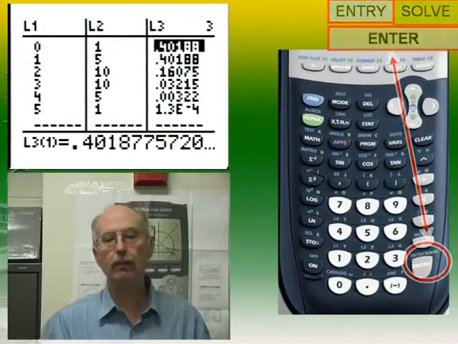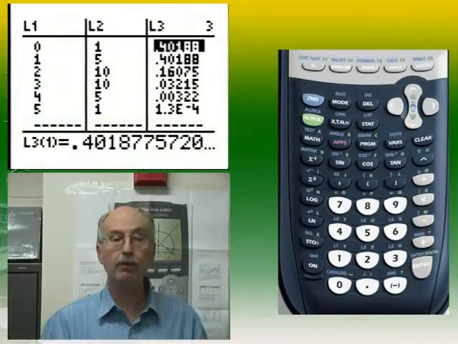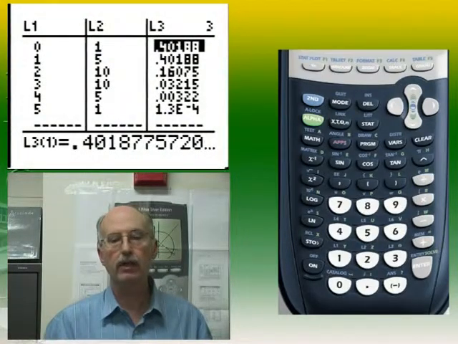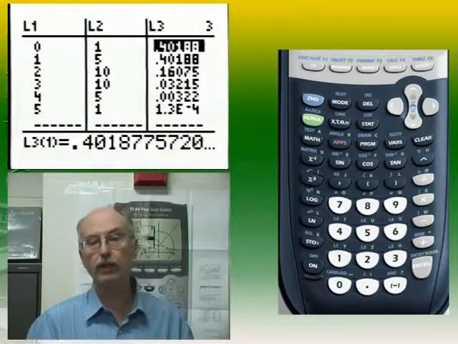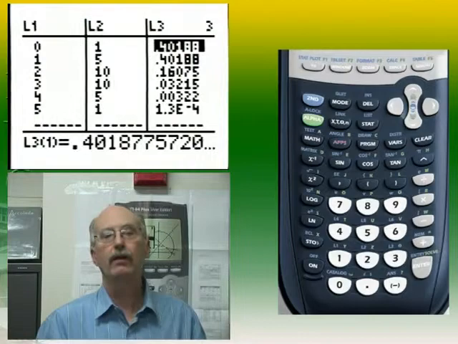We can see the probability comes out 40% for 0 6s, 40% for 1 6, 16% for 2 6s, 3% for 3 6s, 0.3% for 4 6s, and 0.0001% for 5 6s. Notice the happy accident that the probability of 0 6s and 1 6 are exactly equal. That doesn't happen very often, but in this case it did.